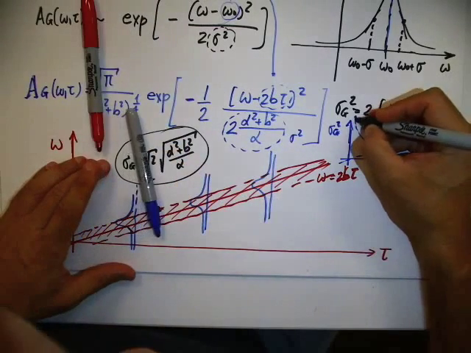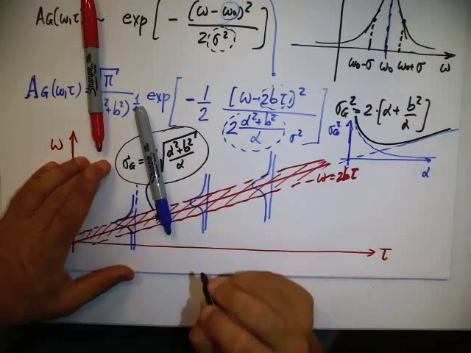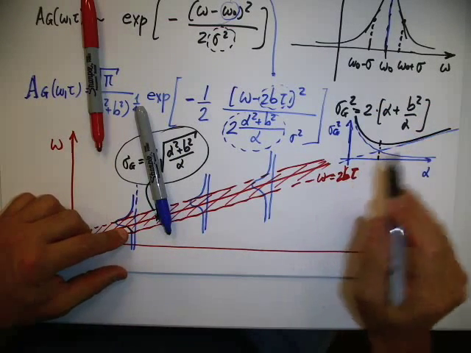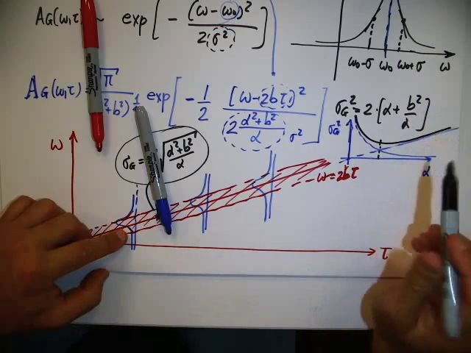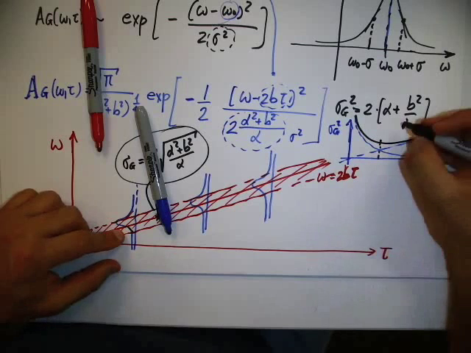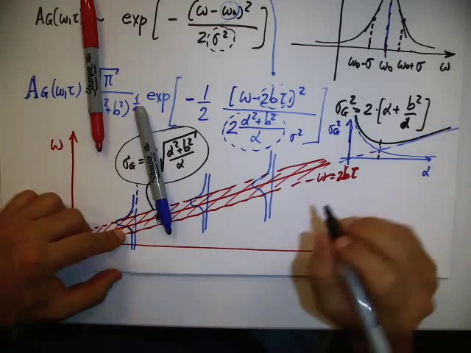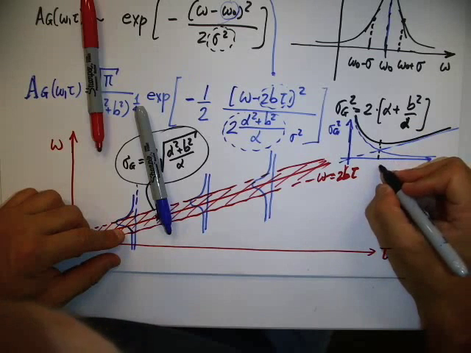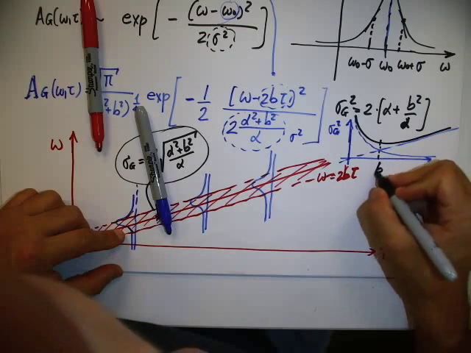So what's going to happen? We get something like this. Okay? So there is an optimal alpha, which can be easily computed by taking the derivative of this function with respect to alpha. And it is pretty straightforward to show that this alpha basically is equal to b.